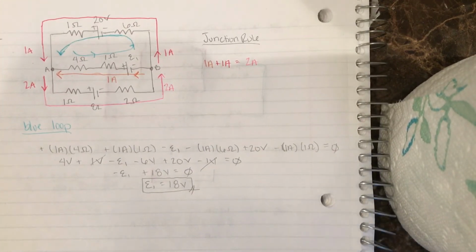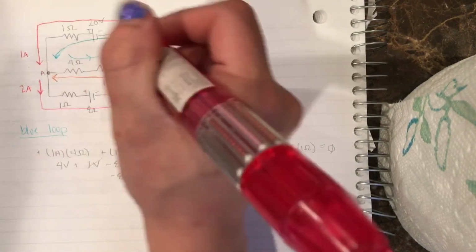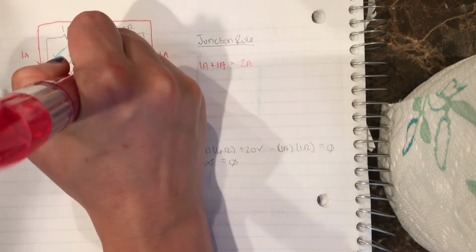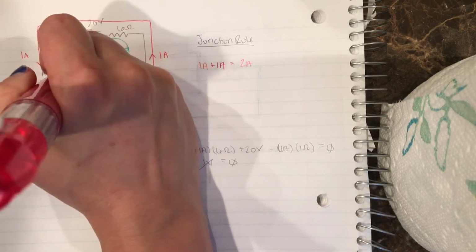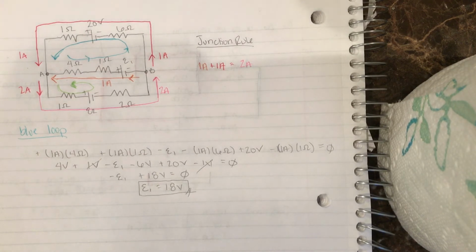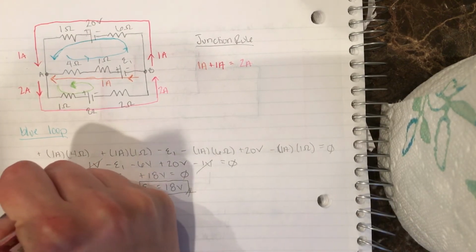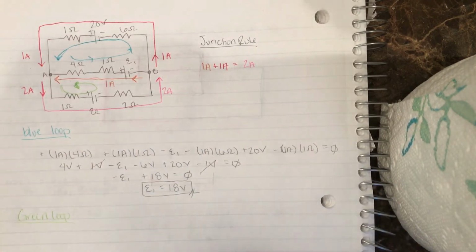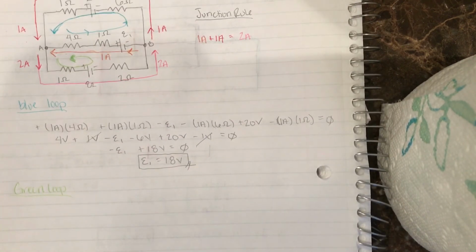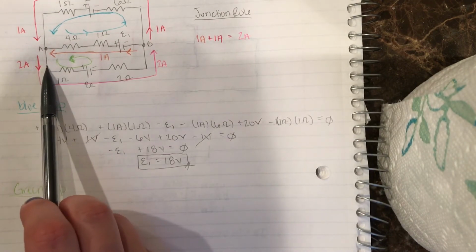Okay, so now let's do green loop around here. I'm going to go this way because it goes with the current for everybody. Okay. Alright, so I'm going to start here, and I'm going to go this way.